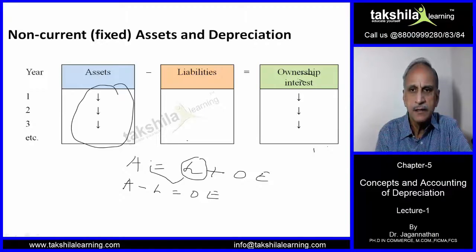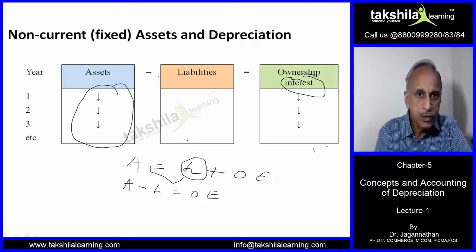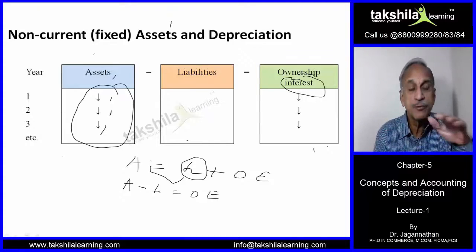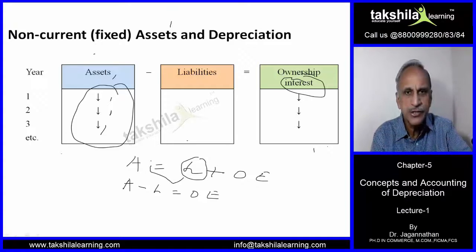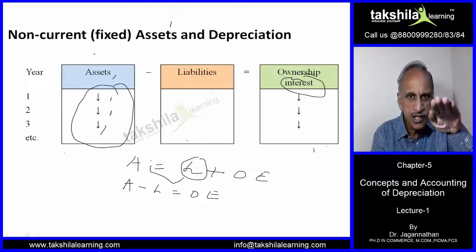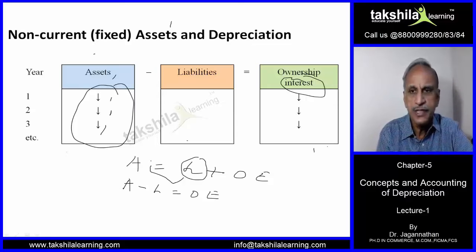Right? So whatever is the amount of depreciation, 2 lakhs will be charged to the profit and loss account. If you charge it to the profit and loss account, the profit gets reduced. So the owner's interest also gets reduced. So that is why these columns show reduction.